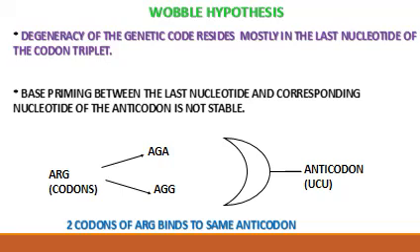The third nucleotide in the first codon is A, and the third nucleotide in the second codon is G. The first two bases, A and G, are the same in both the codons of arginine. But this is recognized by the anticodon UCU. So the anticodon UCU recognizes both the codons of arginine, that is AGA and AGG.